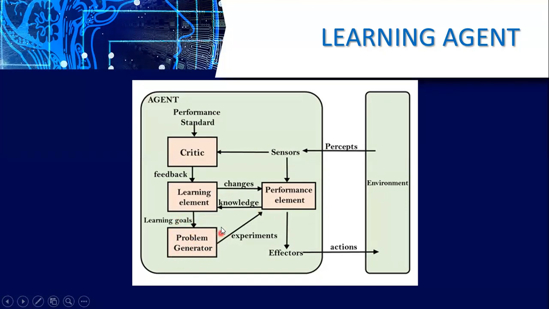The problem generator will do the work, and after doing the experiments, it will be stored in the performance element. The performance element will then perform the set of actions through the effectors, or you can say actuators.